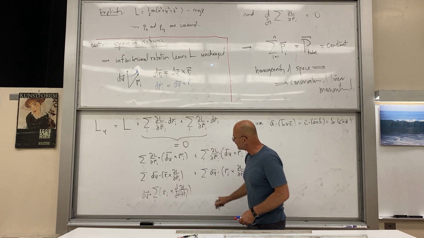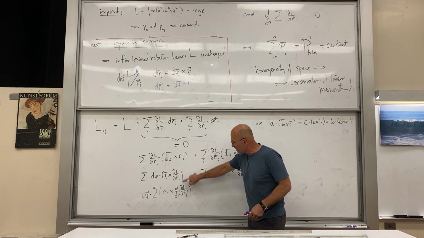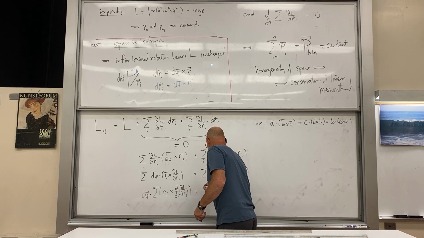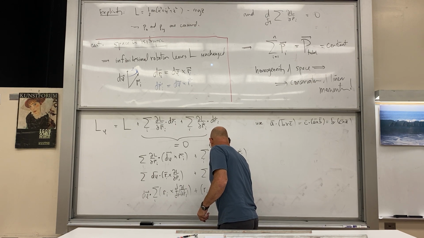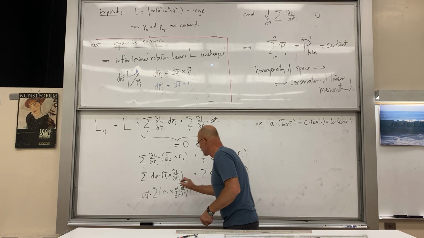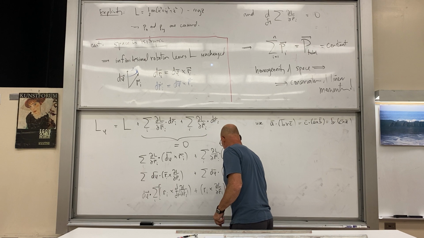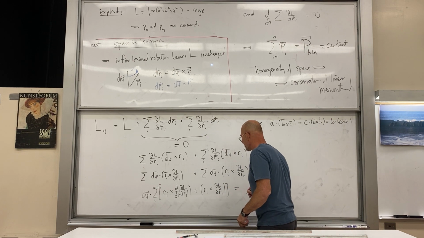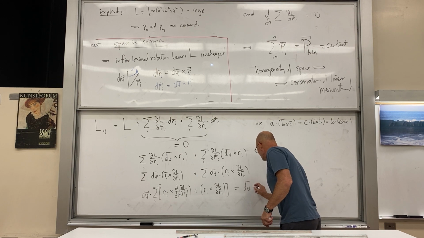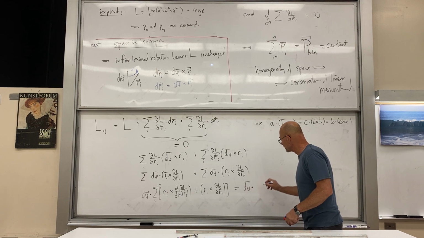This is a very common move, right? This is the other side of the Euler-Lagrange equation. And then I'll have r_i cross dL/dr_i dot, equals d phi dotted into.